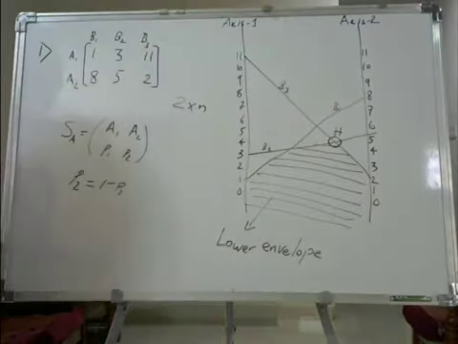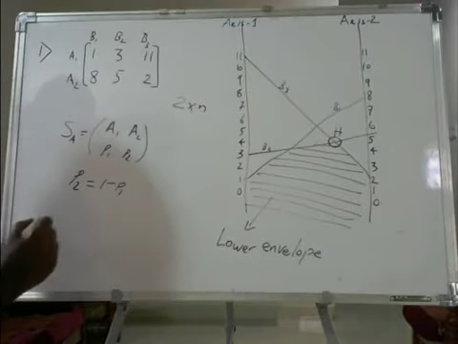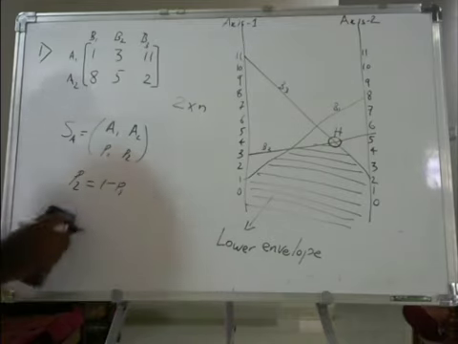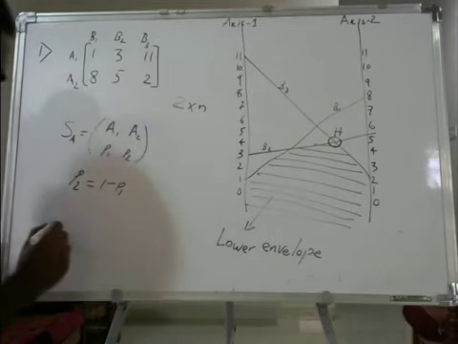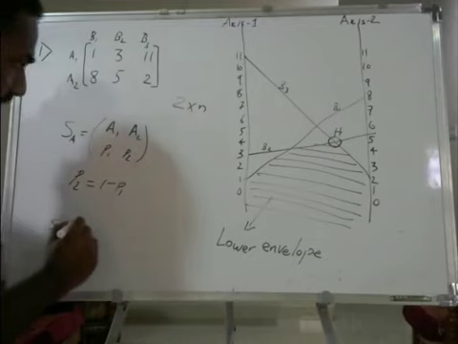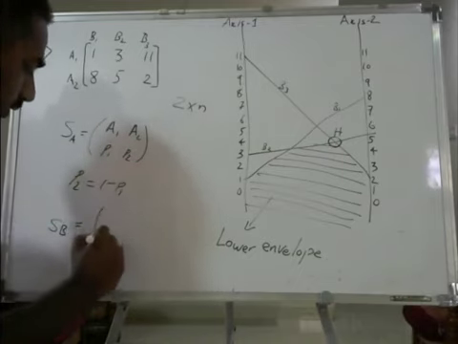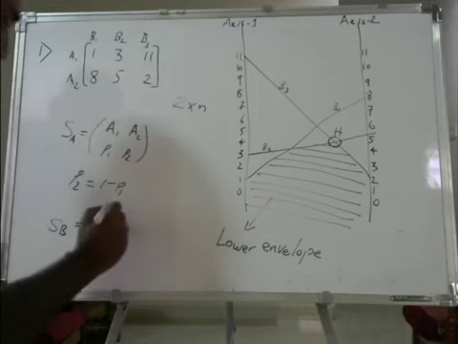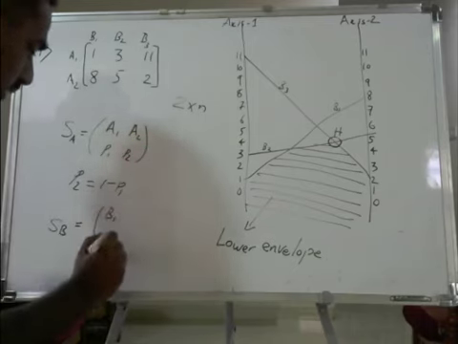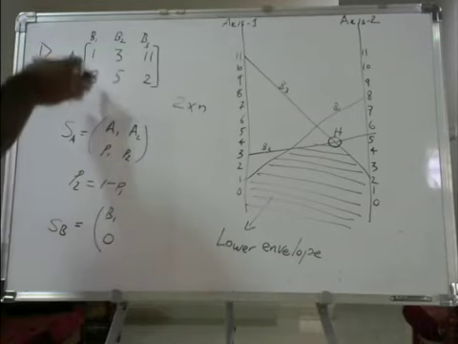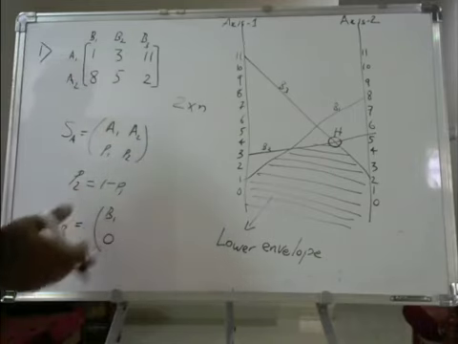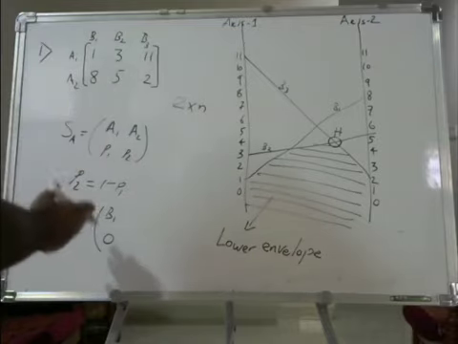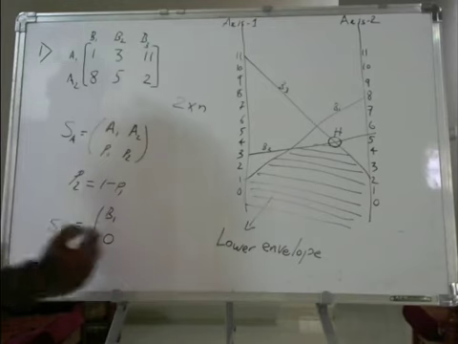So the optimal strategies you will get are written like this. B1 will be 0. You have to nullify this because you are not going to get the optimum strategy for player B at B1, so B1 we are taking as 0.